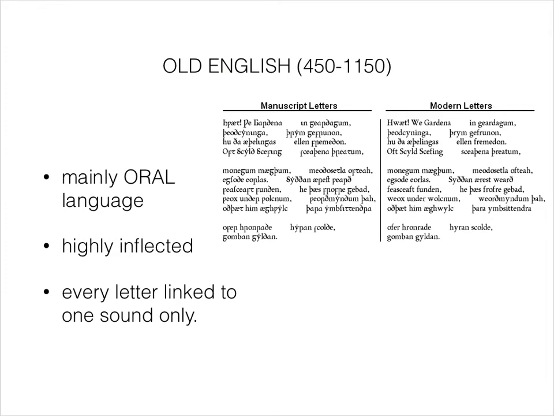Also, what we call Old English did not derive from Latin. It was a Celtic language, and it was inflected. You know what it means if it's inflected? If you remember your Latin, depending on the position or the function of the word, you had to use a different form. You had to use either the nominative, the accusative, the dative, whatever.